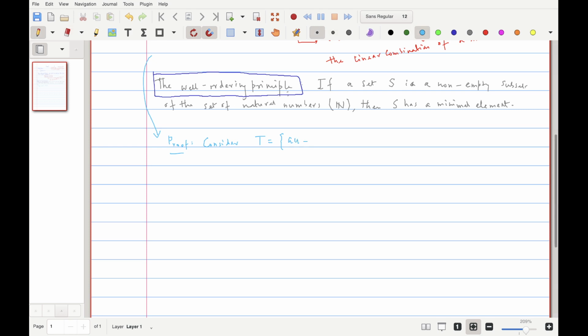Let's call it T, the set of AU plus BV, where U and V are integers, and also let me add another criterion: AU plus BV is positive.